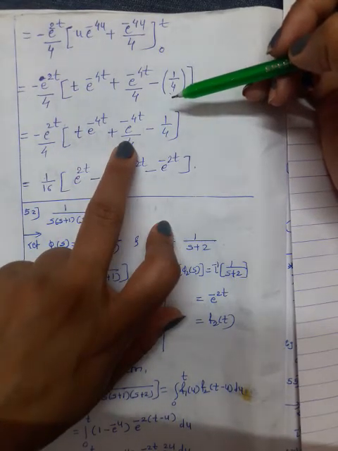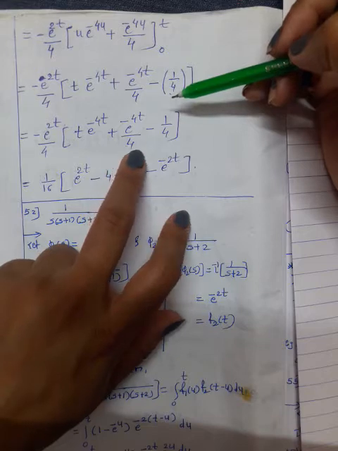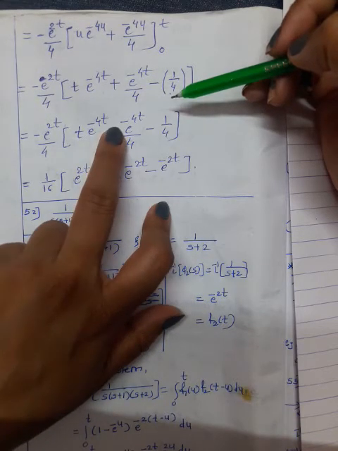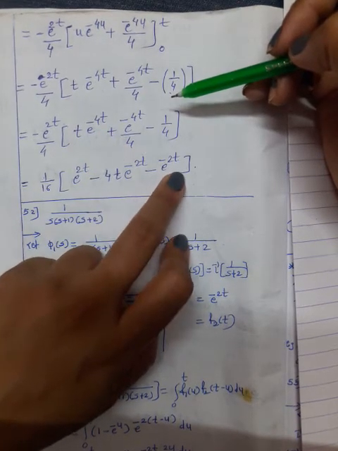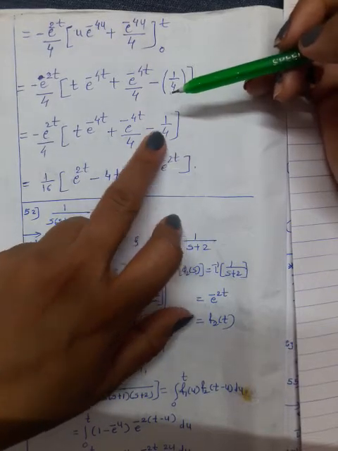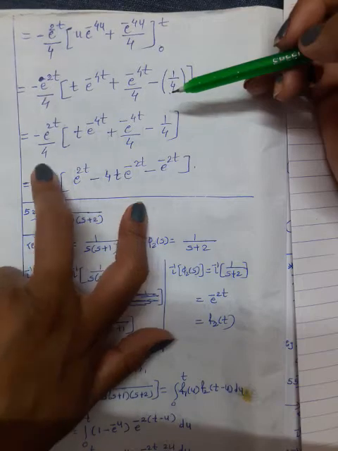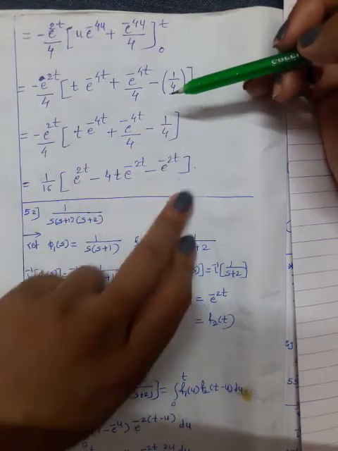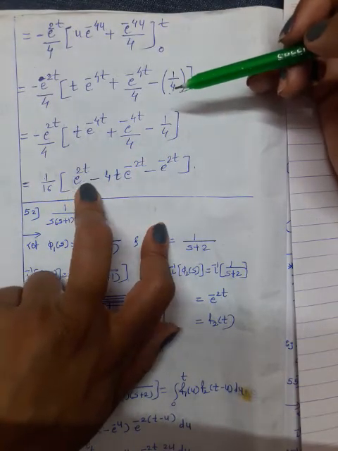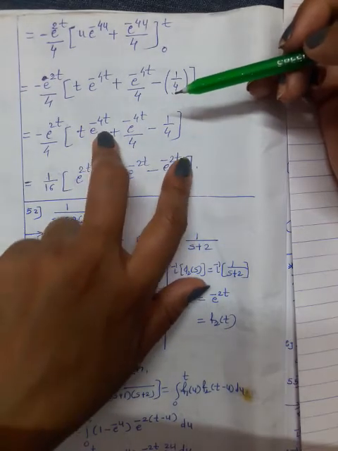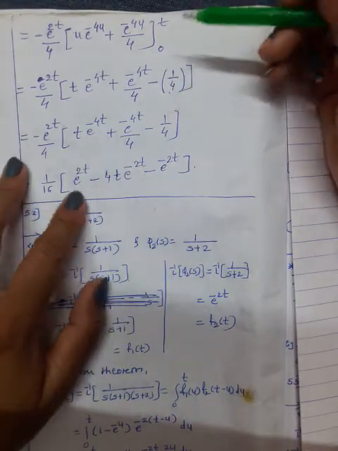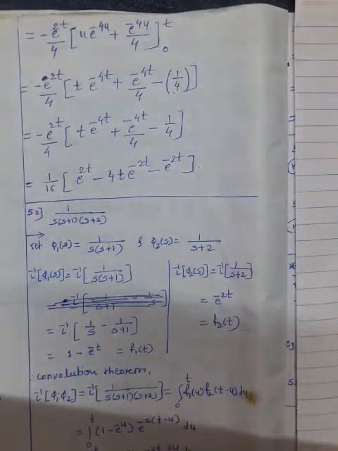This becomes again minus e raised to, 4 gets outside, e raised to 2t minus 4t becomes e raised to minus 2t, and this becomes plus, that's why it takes the first term. We take the first term as 4 taken outside, e raised to 2t as it is. Or you can keep this as it is without taking common. This is the answer for this question.